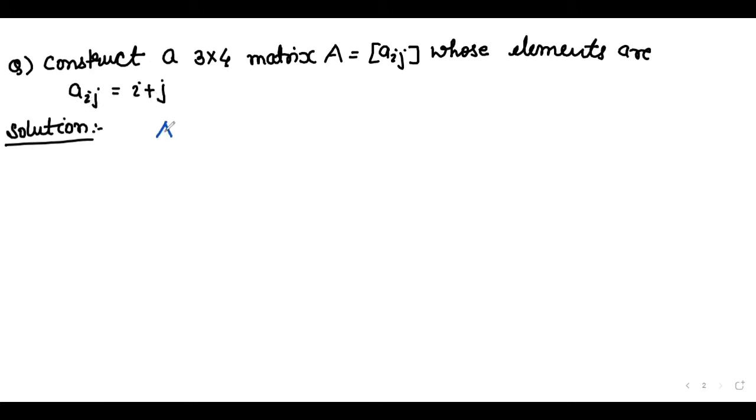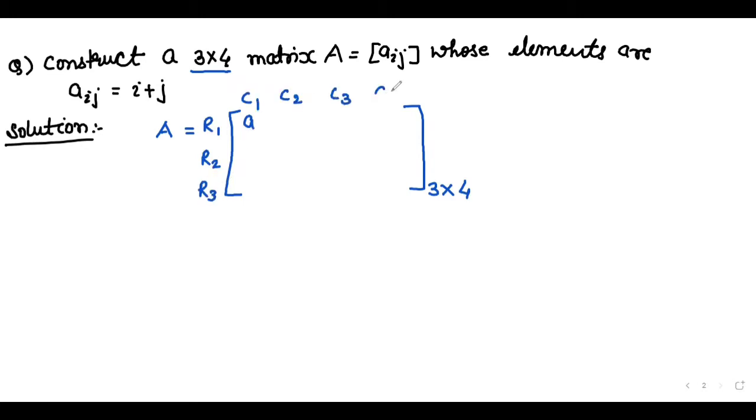First of all, we will write the rows and columns of this matrix. It is given as 3 by 4 order, meaning 3 rows and 4 columns. So we write 3 rows R1, R2, R3, and 4 columns C1, C2, C3, C4. Row 1: A11, A12, A13, A14.